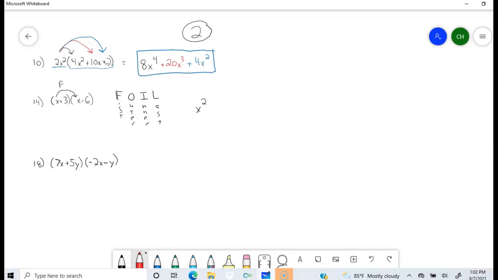The outer is x times negative 6, which is minus 6x. The inner is 3 times x, which is plus 3x.